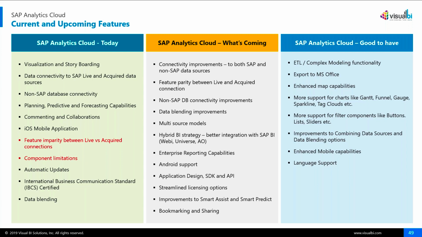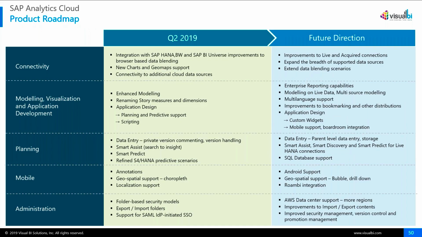We need enhanced capabilities for mobile devices, and we need a lot more visuals like Gantt chart, funnel chart, gauges to perform a lot more analytics on the go. So this is the roadmap that SAP provides. So this is based on connectivity, what we have in hand, and what is the future direction. So most of this we have already discussed in the various slides.